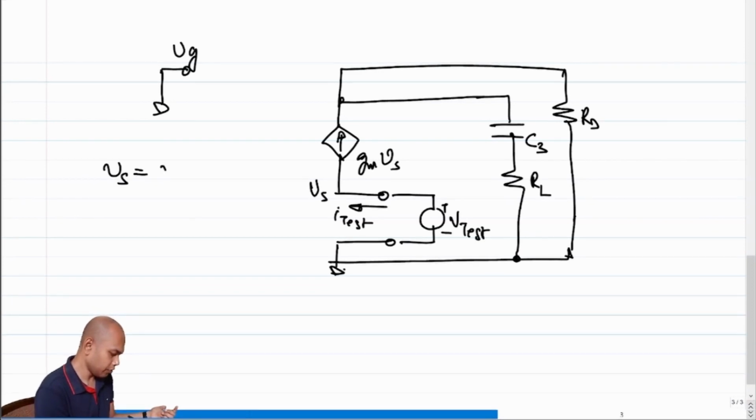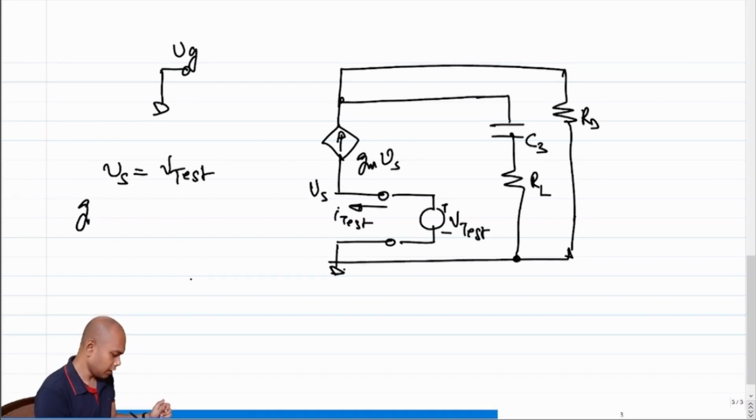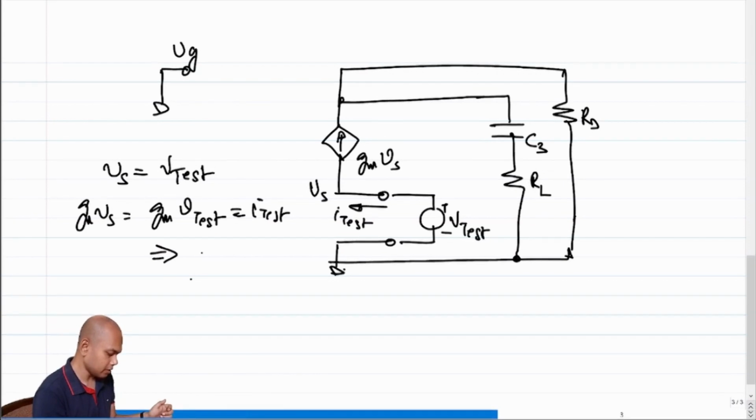So what is Vs in this? Vs is equal to V test, simply because I have connected V test between Vs and ground, right? So what is Gm times Vs? Gm times Vs becomes Gm times V test. And this happens to be the current I test, right? So what is V test over I test then?